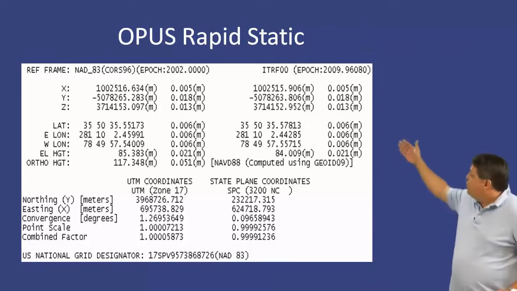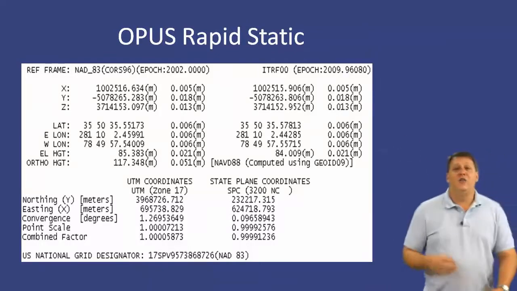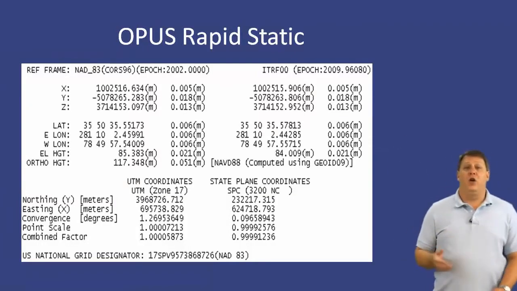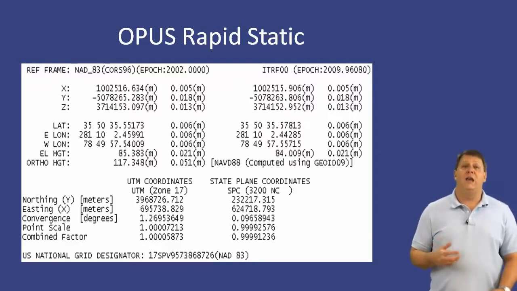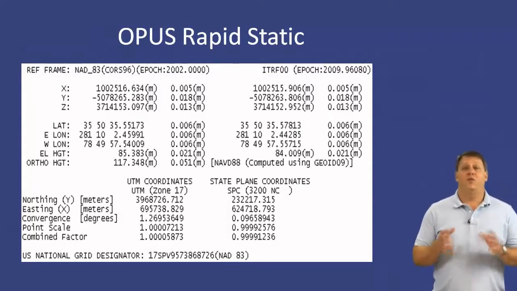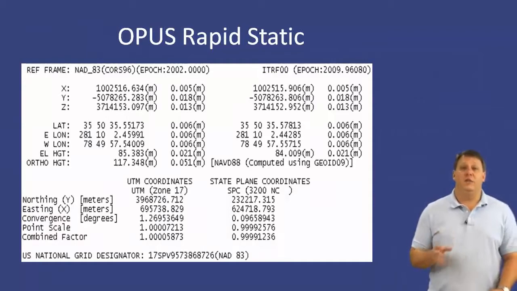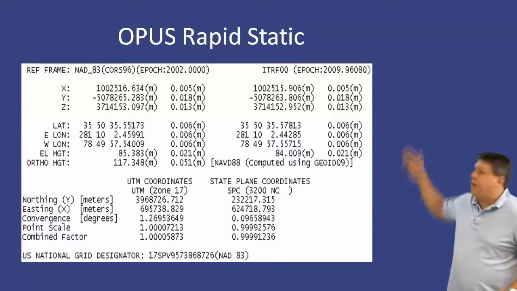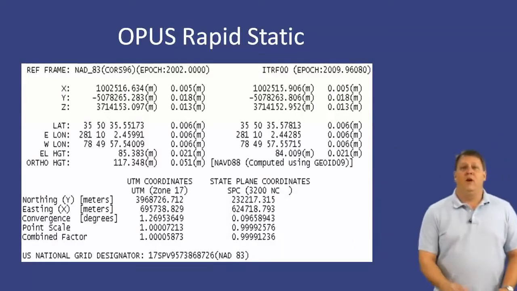The values listed beside your latitude, longitude, ellipsoid height, and orthometric height are root mean square values. Because OPUS Rapid Static uses least squares, these numbers here are root mean square values.